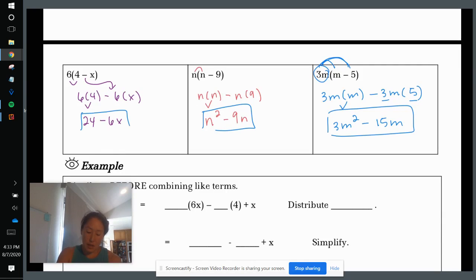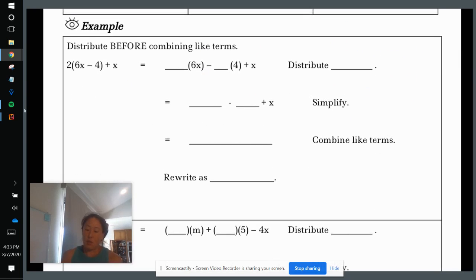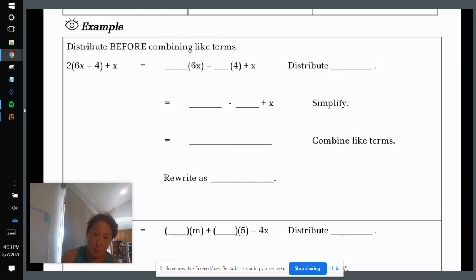All right, next part is, we're just going to write out the steps, okay? So we're going to do 2 times 6x, and then 2 times negative 4, and then on the outside, we're going to add x. So first we distribute the 2, and then we're going to simplify each one of these expressions. So multiplication from left to right. So 2 times 6x is 12x, and 2 times negative 4 is negative 8, and then plus x.